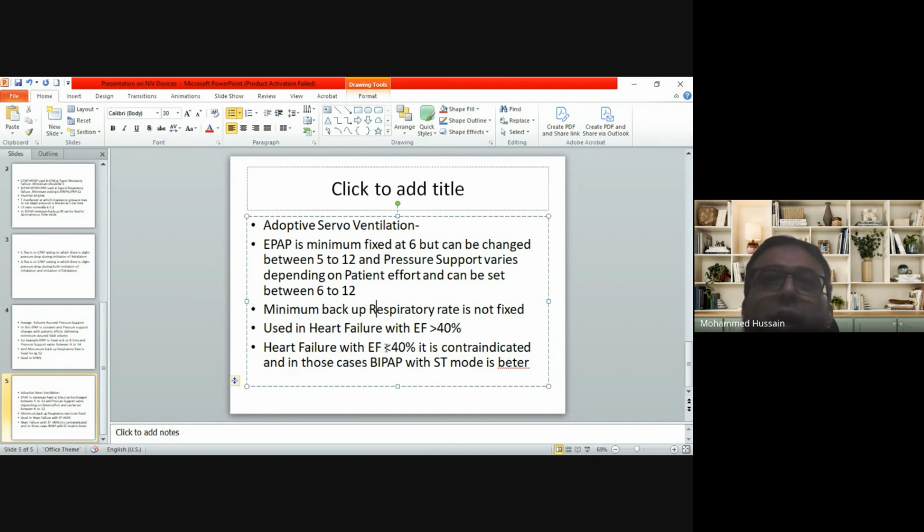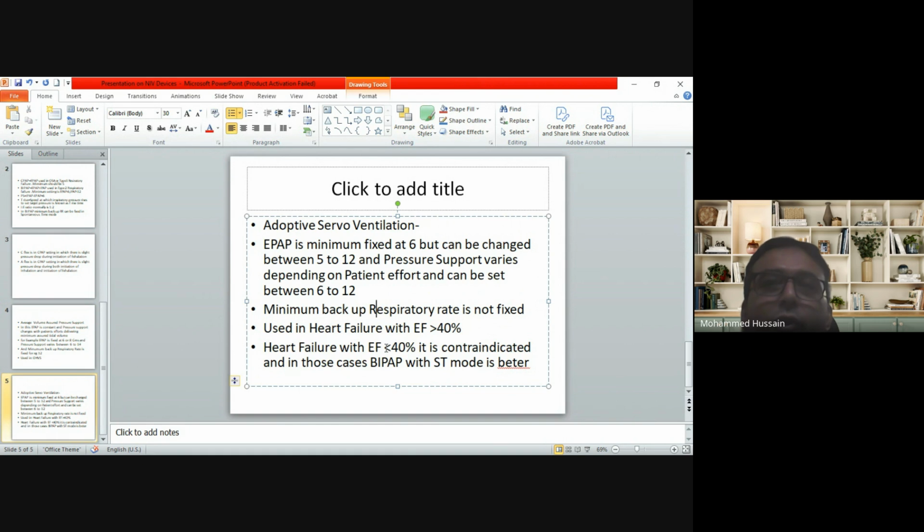But if somebody has a very weak heart, less than 40, and you are not giving a minimum backup rate, depending on patient effort, if the patient is unable to initiate respiration, you will not deliver any breathing. So the patient may die also. Some trials have shown that patients had a very high risk of mortality, especially with EF less than 40.